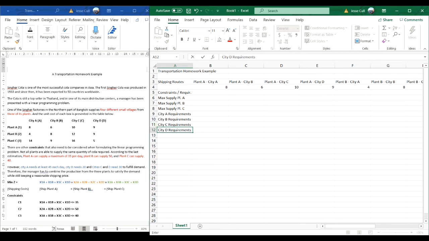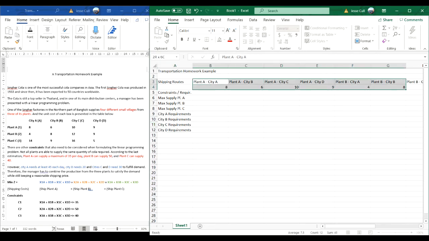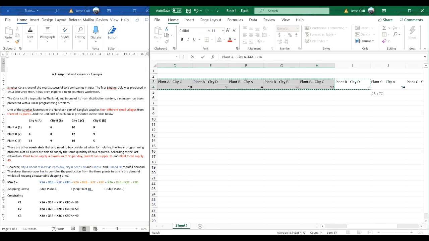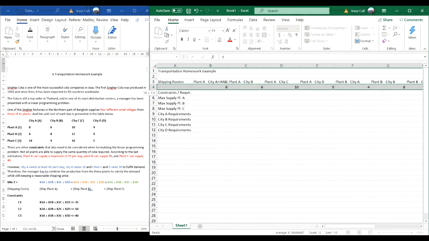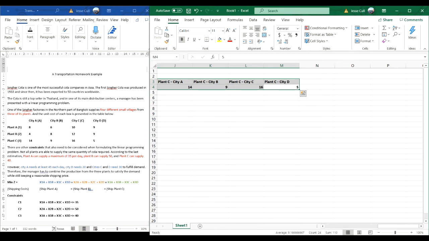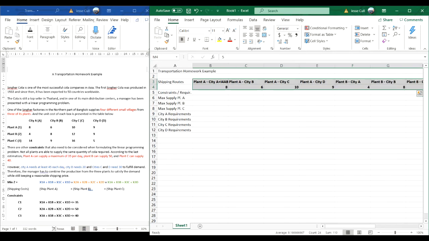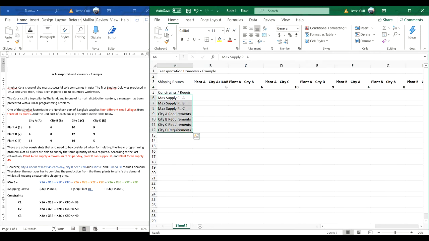What we've outlined here is our objective function, and what we've outlined here is our constraints.